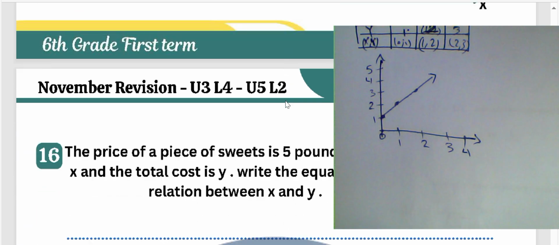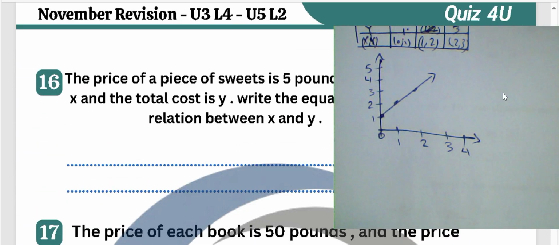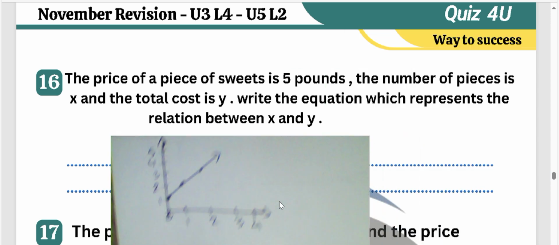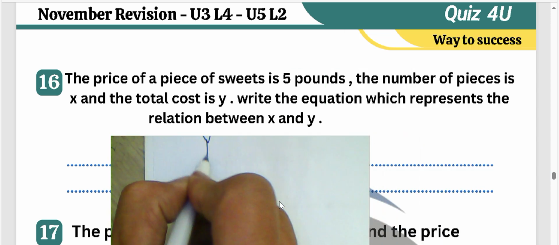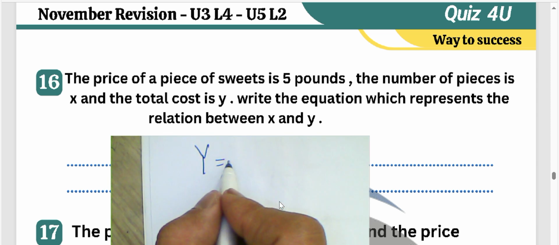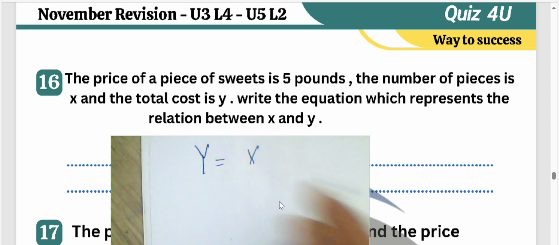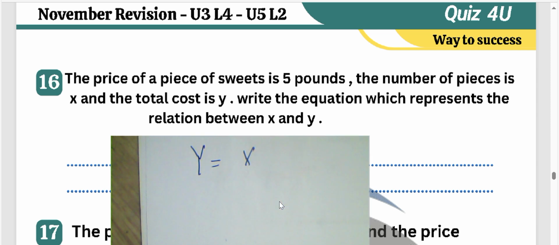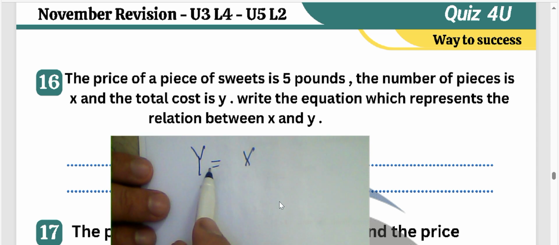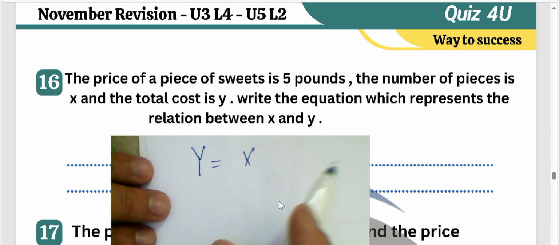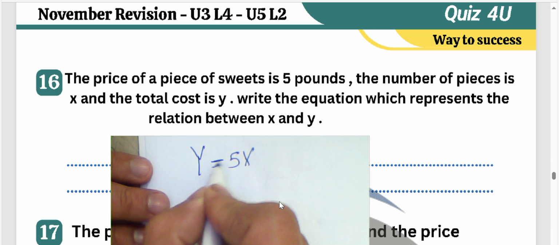Question 16. The price of a piece of sweet is £5. The number of pieces is X. Then we can write the total will be Y equal, he gives us X, the number of pieces. And the price of a piece of sweet is £5. Write the equation that represents the relation between X and Y. We can write here X. The price of sweet is £5 and the number of pieces X. Then we can write Y equal 5X.